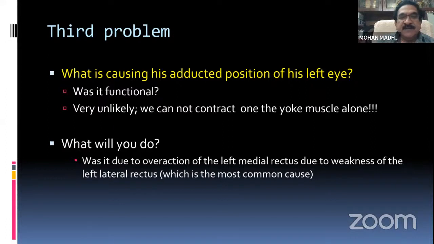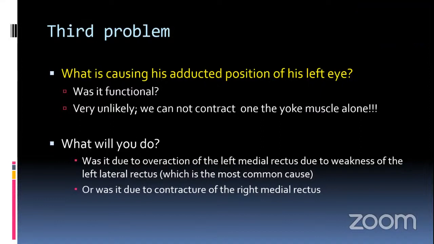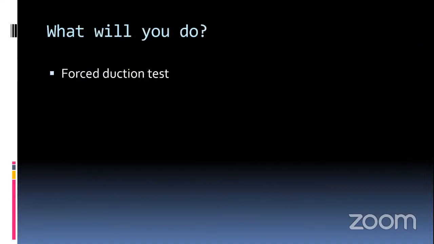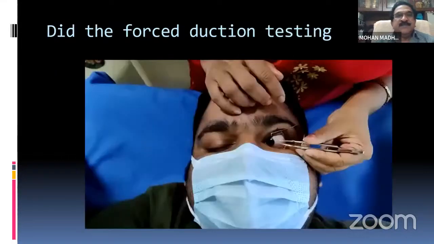Or due to weakness of the left lateral rectus, which is the most common cause, or due to contracture of the left medial rectus. You can do a traction test. So what will you do? A post-traction test. Now, this is a post-traction test.